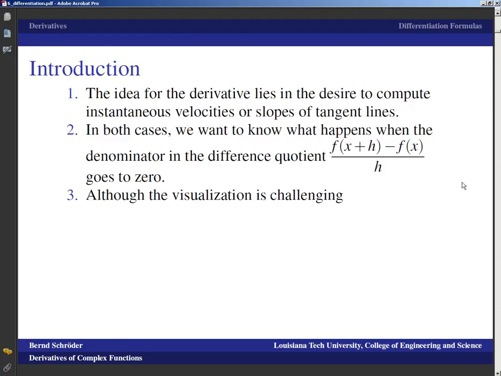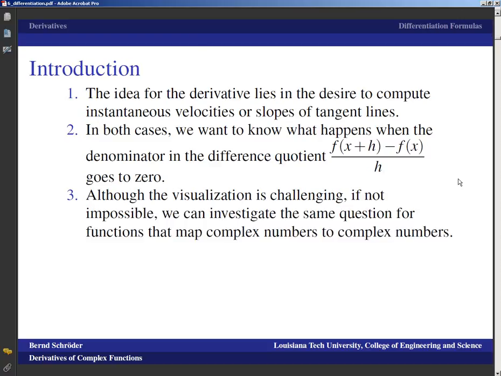Now, for complex functions, the visualization is challenging, if I want to say that charitably. For me personally, it's actually impossible because I can't visualize a four-dimensional graph. Remember, two input dimensions, two output dimensions, and then some kind of tangent attached to it.